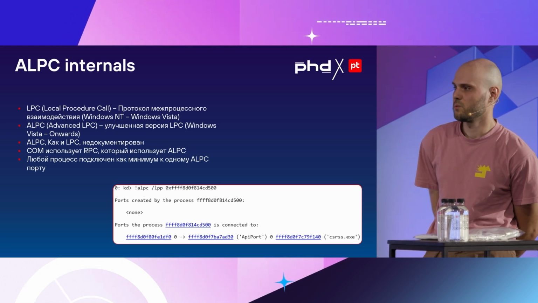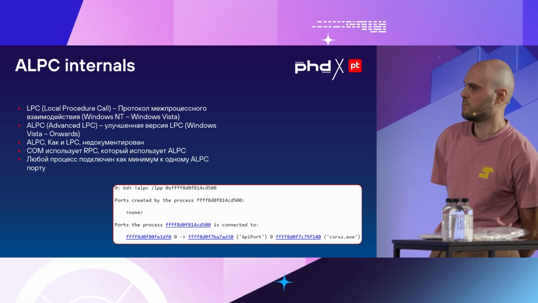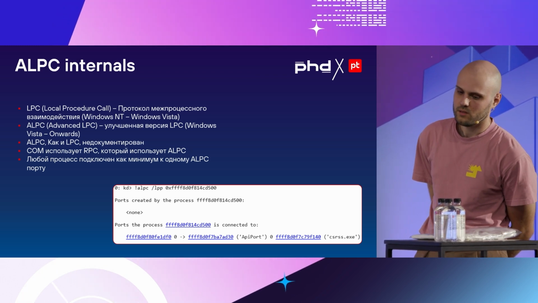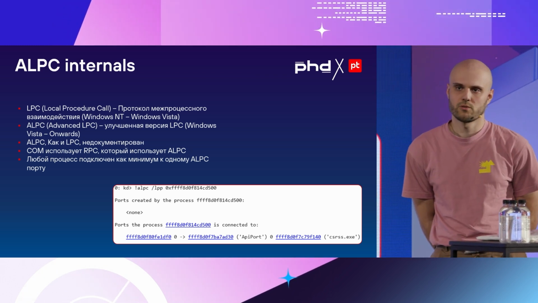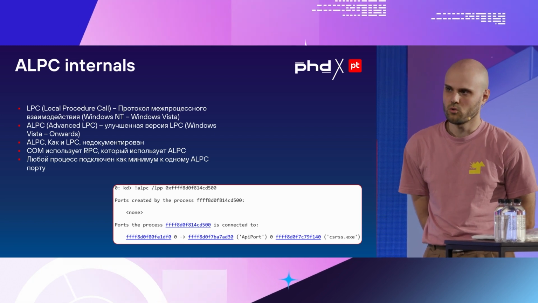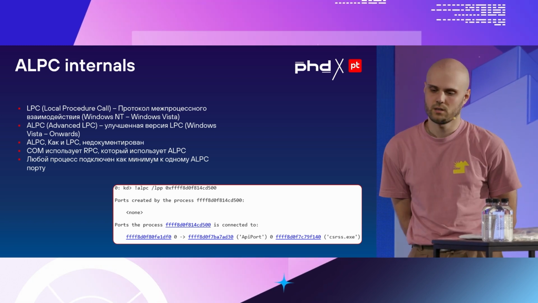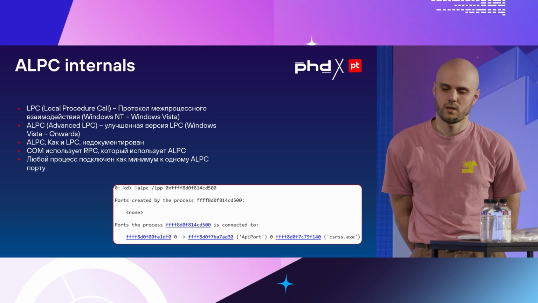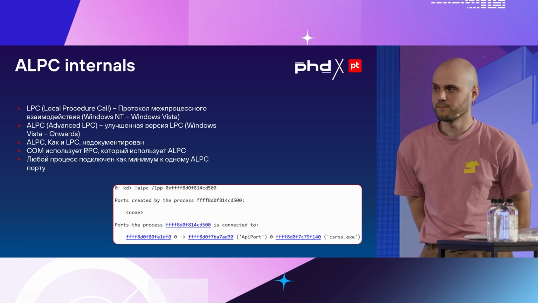And same as LPC, ALPC is not documented, but based on the previous works and presentations, we know how it works, roughly. So even if you don't use COM and RPC, any process would be connected to at least one ALPC port.